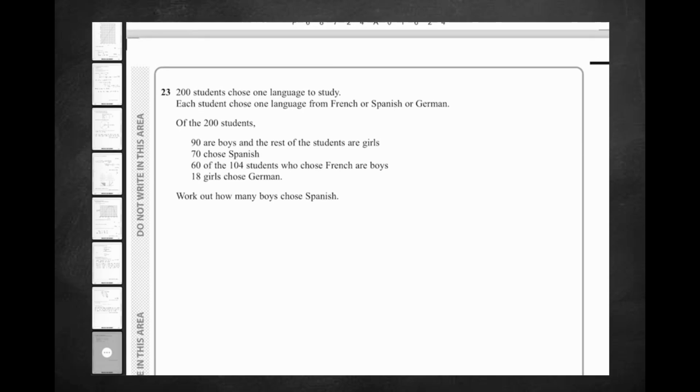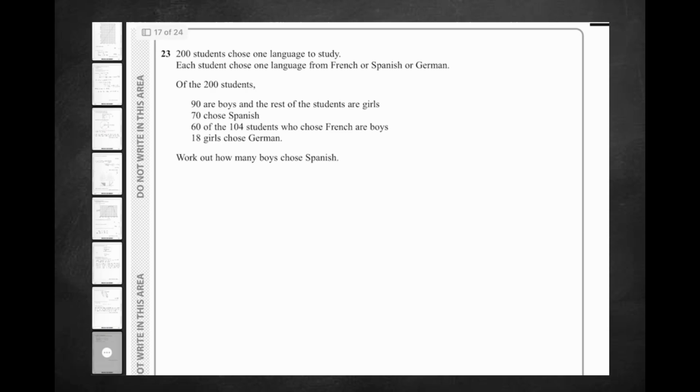200 students chose one language to study. Each student chose one language from French or Spanish or German. Of the 200 students, 90 are boys and the rest are girls. 70 chose Spanish, 60 of the 104 who chose French are boys, 18 girls chose German. Work out how many boys chose Spanish.